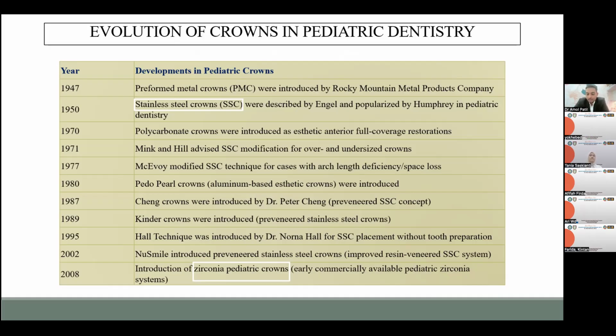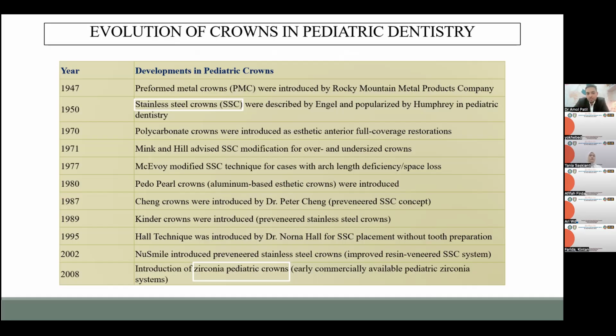So a different treatment objective or aesthetic alternative was thought of. Then strip crowns came into the picture. Again, the problem with strip crowns was that they were technique sensitive, so isolation is a must as it's a resin material. Secondly, discoloration is one of the biggest issues, along with plaque accumulation and wear.